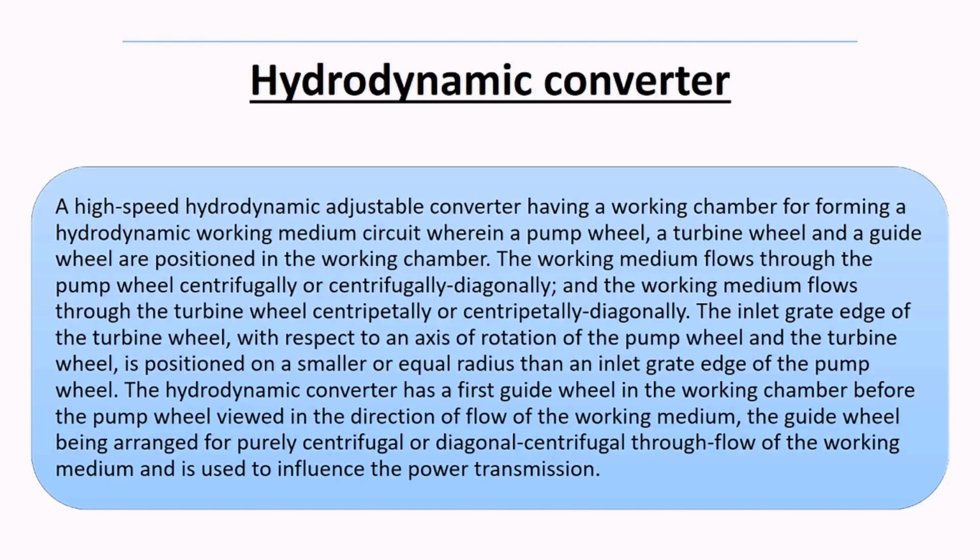The inlet edge of the turbine wheel, with respect to the axis of rotation of the pump wheel and the turbine wheel, is positioned on a smaller or equal radius than the inlet edge of the pump wheel. The hydrodynamic converter has a first guide wheel in the working chamber before the pump wheel, viewed in the direction of flow of the working medium. The guide wheel is arranged for purely centrifugal or diagonal centrifugal flow of the working medium and is used to influence the power transmission.